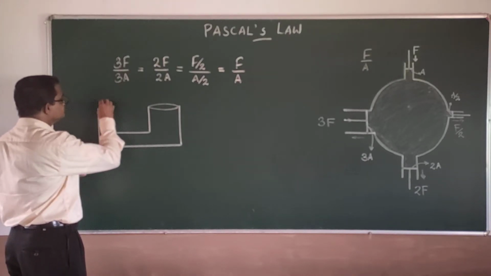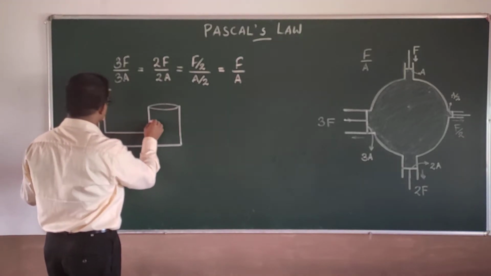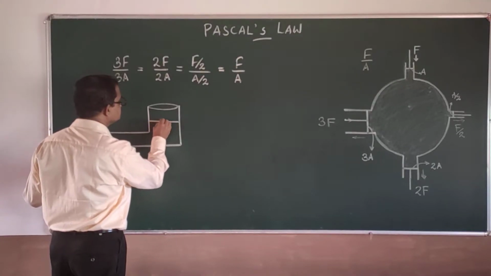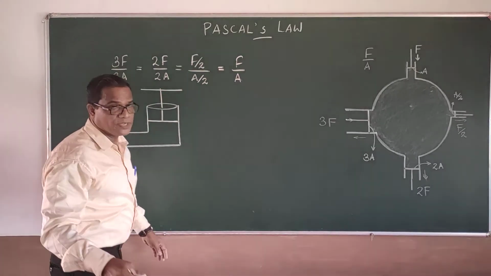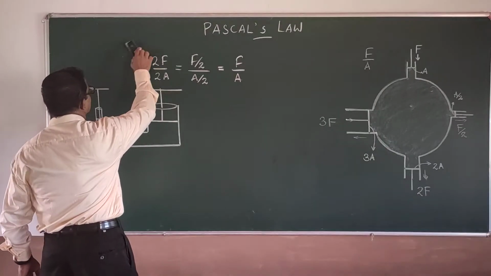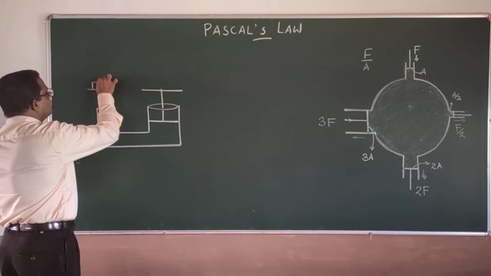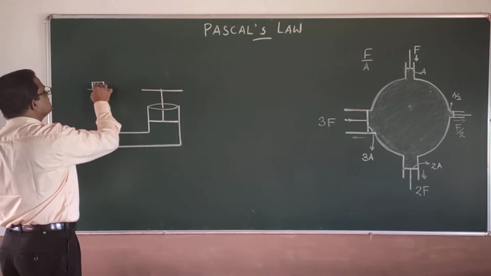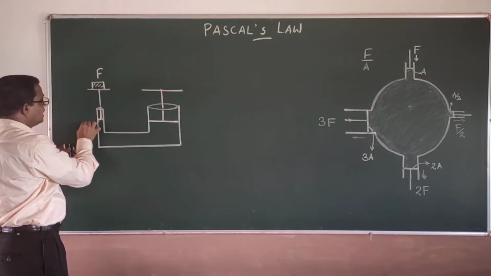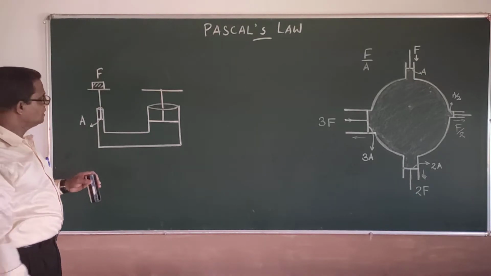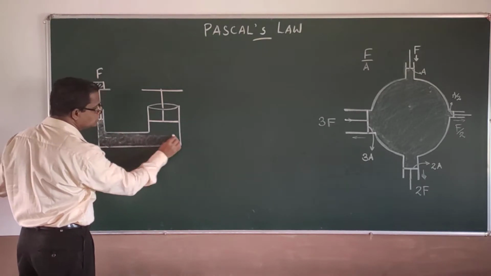There is a piston attached and a platform here, and here also a piston attached and a platform. Here I am keeping a weight, let us say force F, acting on an area A, and there is a fluid enclosed in between.